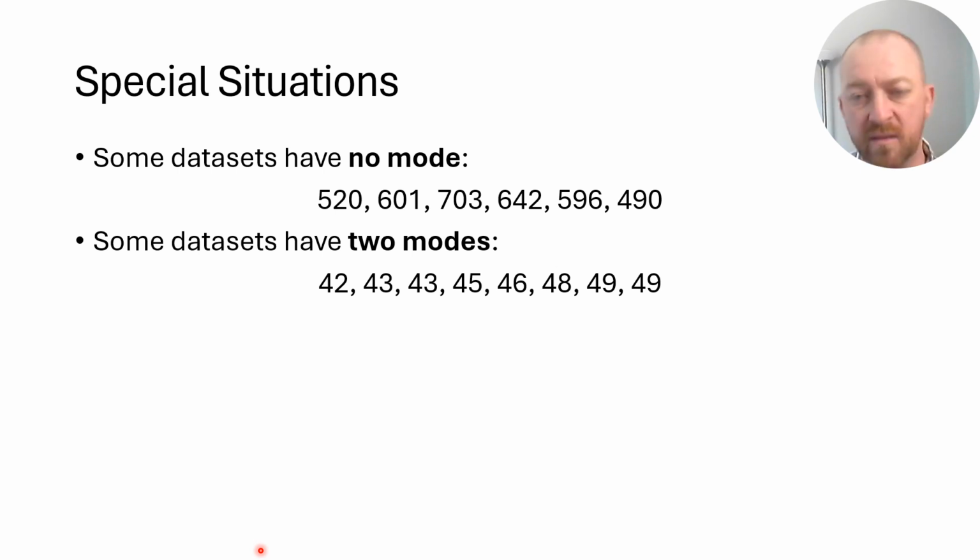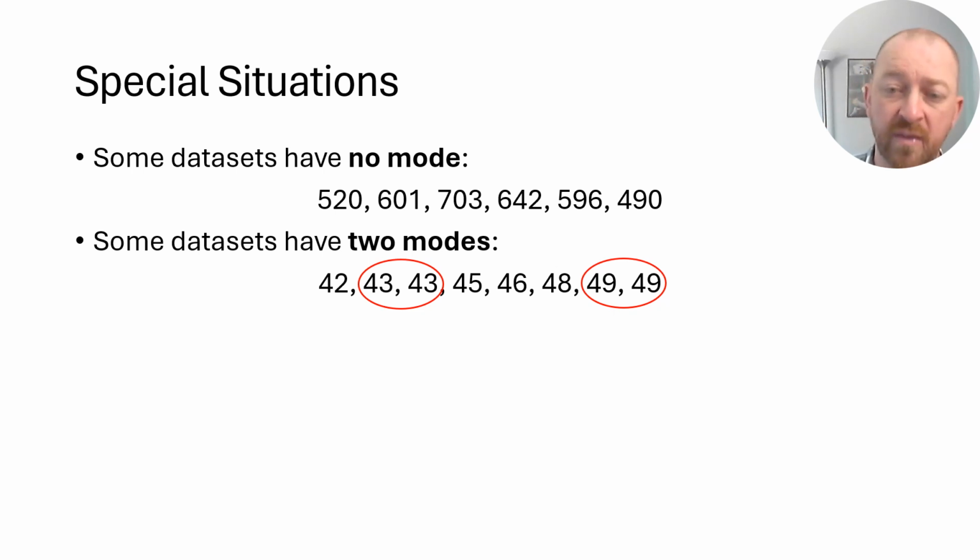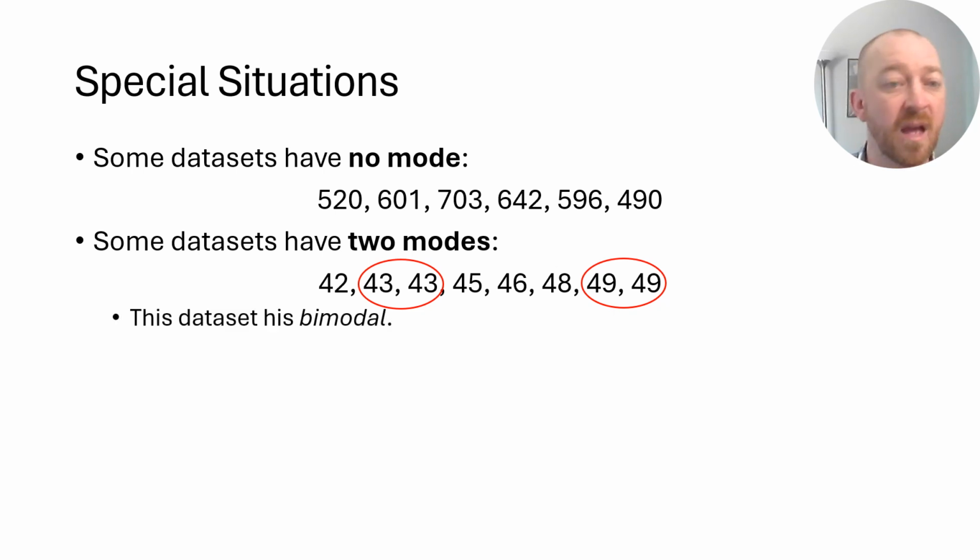For example, these I just made up, but a real quick look shows you that both 43 and 49 appear twice, and there's no other value that occurs more often than that. So by definition, both 43 and 49 are the modes of this data set. Yes, you would refer to this as a bimodal data set, or a bimodal distribution if you were to look at it in a histogram.